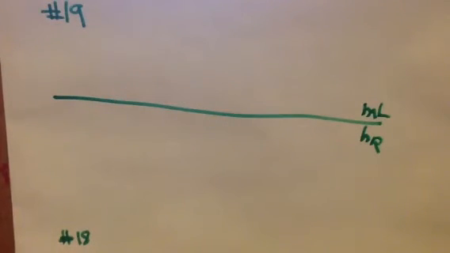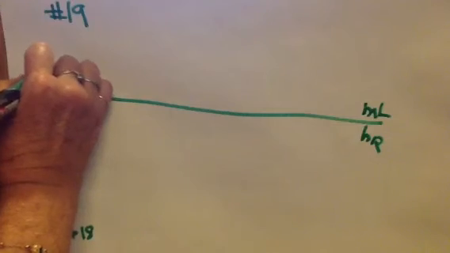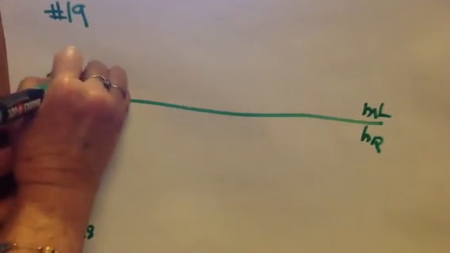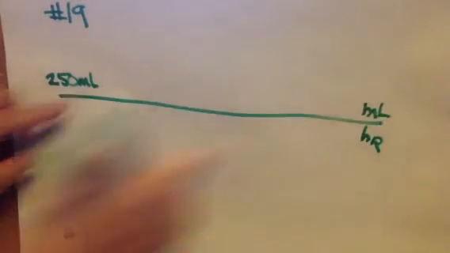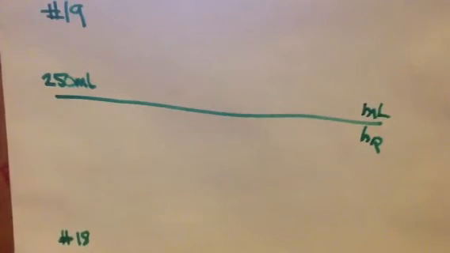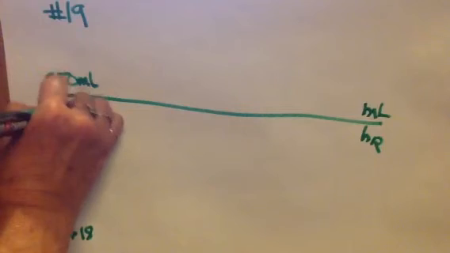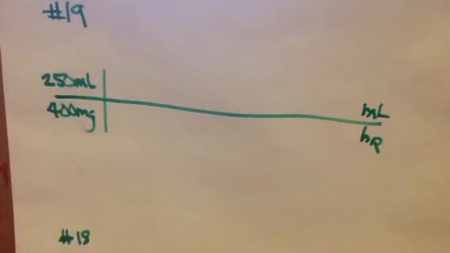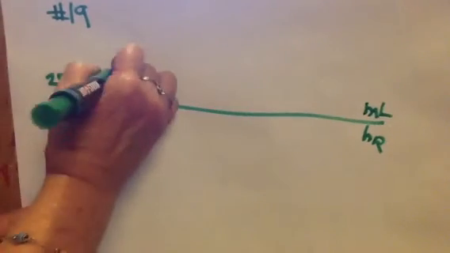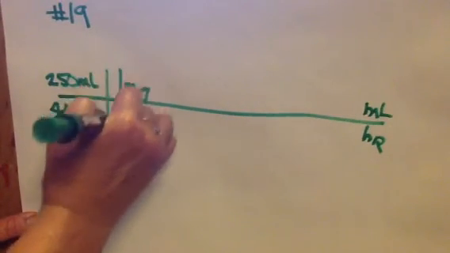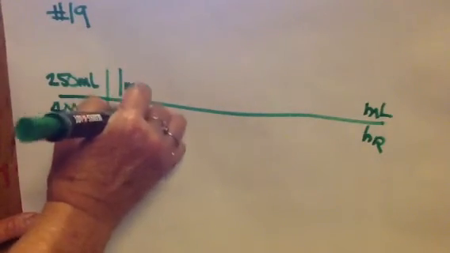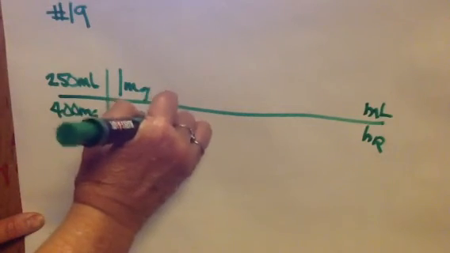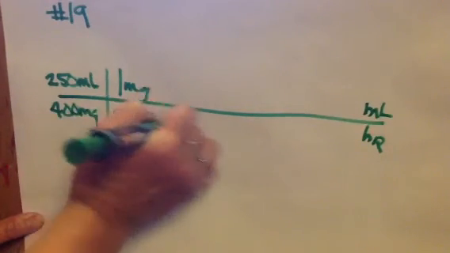Okay, so we need to start with milliliters to match our numerators. In that 250 milliliters, we have 400 milligrams. We're wanting to have a conversion here because our problem is in micrograms. So we have 1 milligram, that's 1,000 micrograms. That's our conversion.